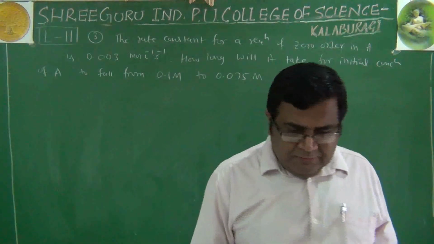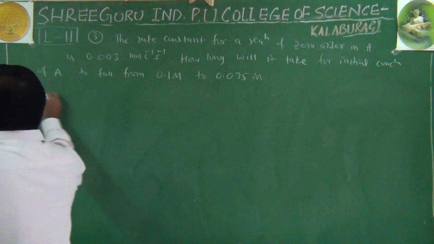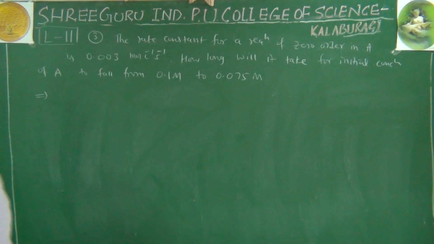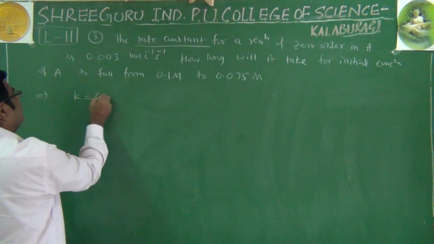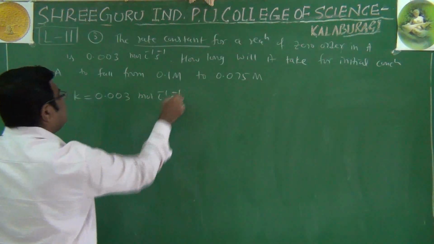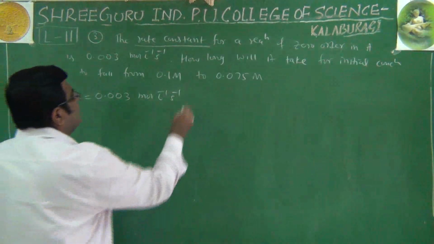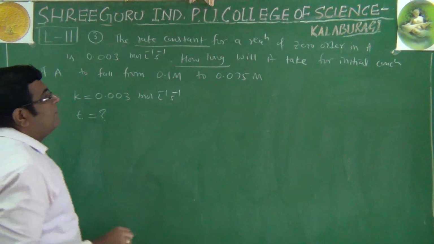They have mentioned that it is a zero order reaction, so we can first see what data they have given. The rate constant is given, so we can write k equals 0.003 mole per liter per second. How long means they are asking about time, so t equals question mark.